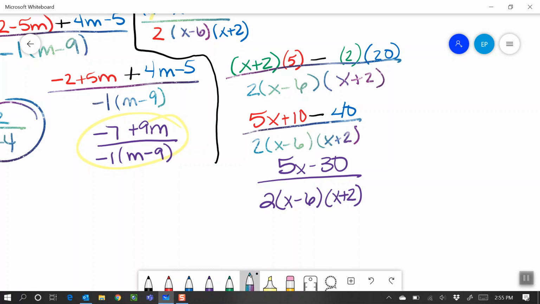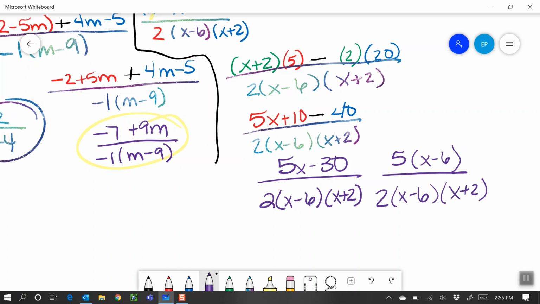So I'm going to write that down in purple. 5 times x minus 6 over 2 times x minus 6 times x plus 2. Cancel out what's the same. So on the top I'm left with my final answer being 5 divided by 2 times x plus 2. And there's my final answer.